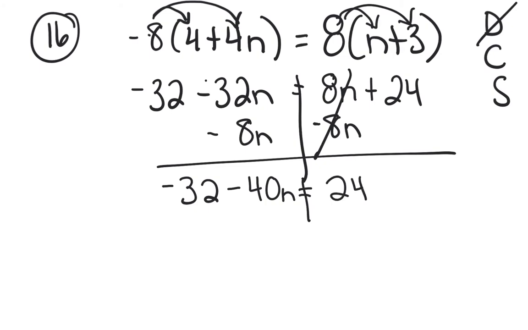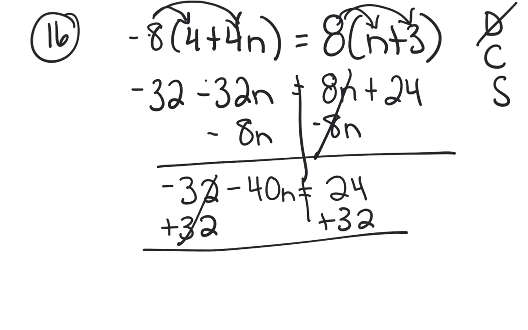So now I've moved my variables to one side. Now we need to move our plain numbers to their own side. So to get rid of a negative 32, we're going to add 32 to both sides to keep it balanced. These will cancel out. We are left with negative 40n is equal to, and if I add that, I have 56.